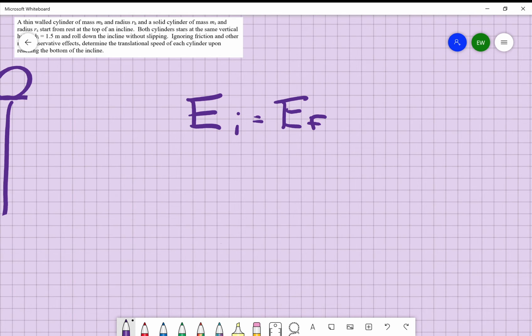So at the beginning, I can have all sorts of things. I can have potential energy, and this is gravitational. And honestly, that's it. I could have translational kinetic energy, and I could have rotational kinetic energy, but I don't.